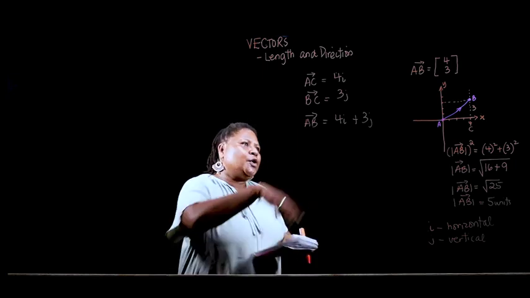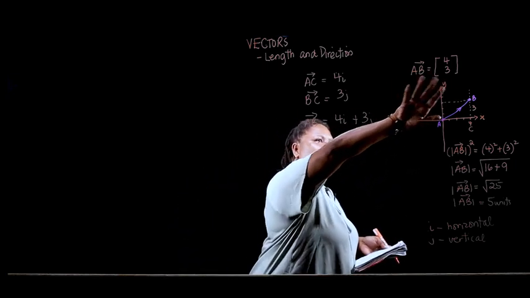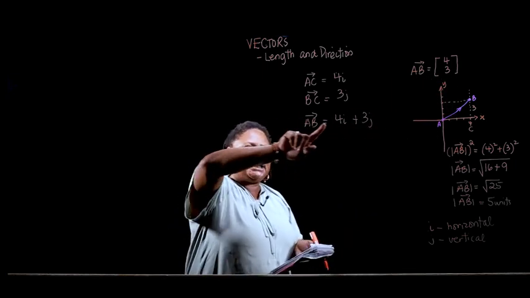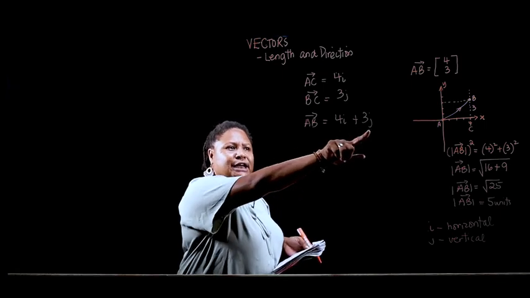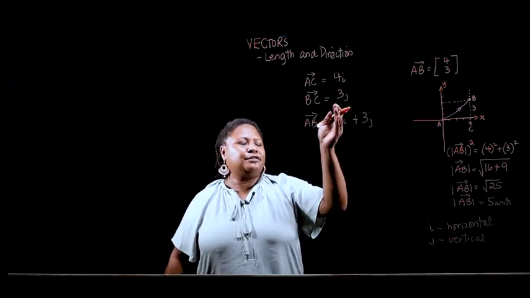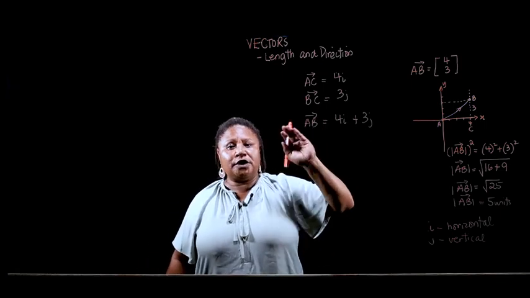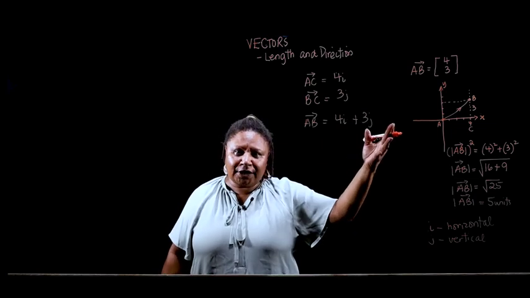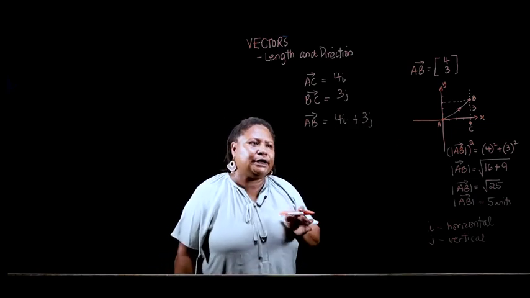This vector AB is the same as what we've written here, but this time in terms of the horizontal unit vector and the vertical unit vector.